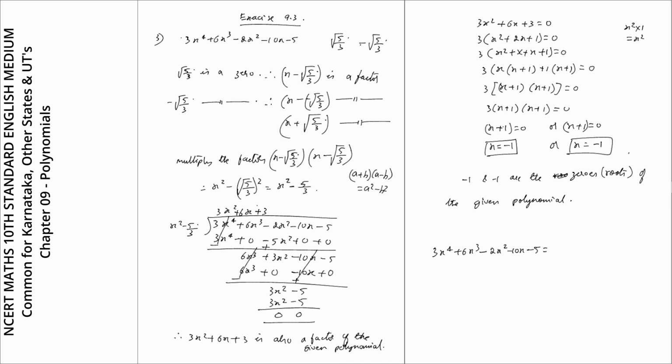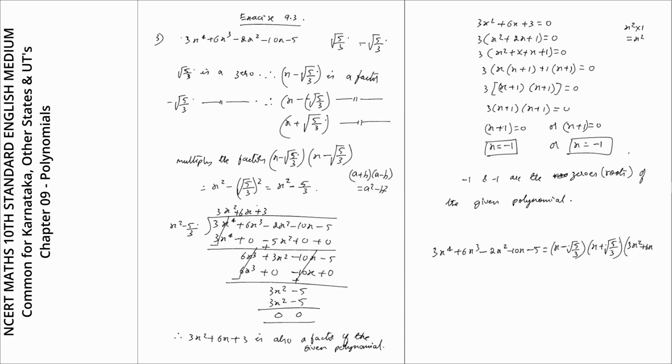So this is equal to, two zeros were known, root of 5 by 3 and minus root of 5 by 3. Therefore x minus root of 5 by 3 is a factor of the polynomial and x plus root of 5 by 3 is also a factor.